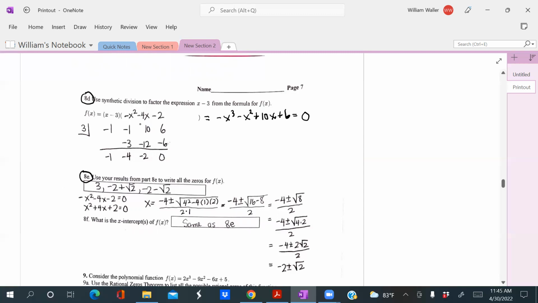Now, what are the other x-intercepts? Well, those would be the solutions to this factor equal to 0, right? So take the -x squared minus 4x minus 2, set that to 0, and solve that equation, and that would give you the other x-intercepts of your original polynomial function in addition to 3.